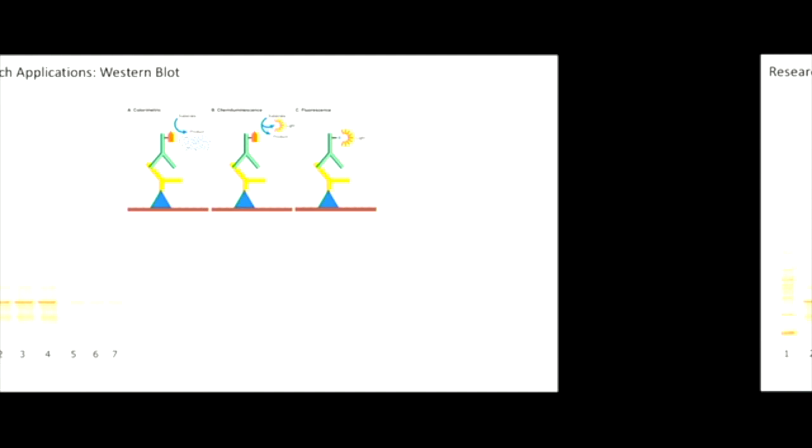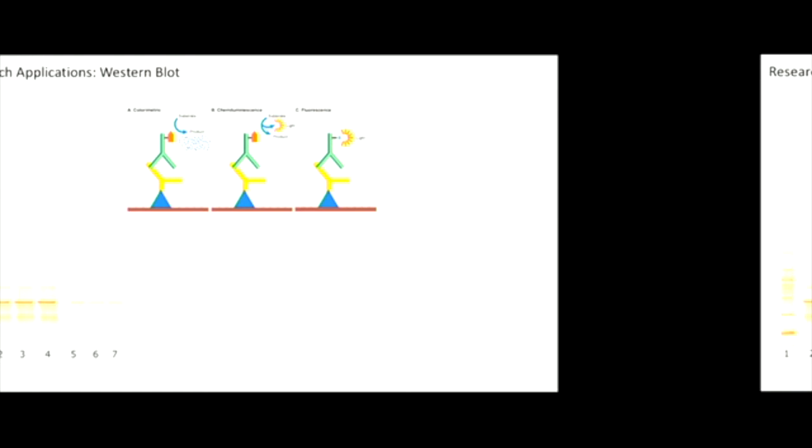Colorimetric Western blots will give you some sort of color change associated with your antibody. What generally ends up happening is you have an antibody that is either directly linked to some sort of enzyme, or you have an antibody that is recognized by what's called a secondary antibody that's linked to an enzyme. And then when you add a substrate, there's a color change. Does that make sense? It gets a little bit complicated.